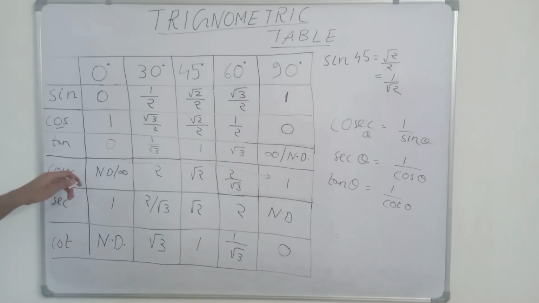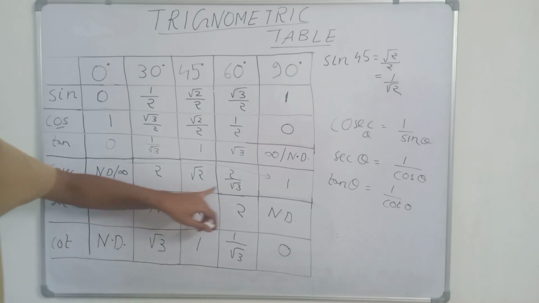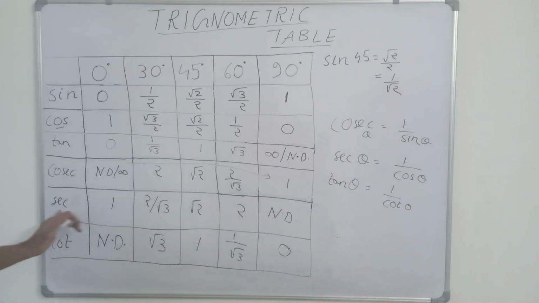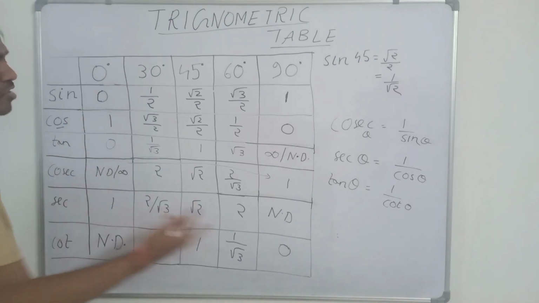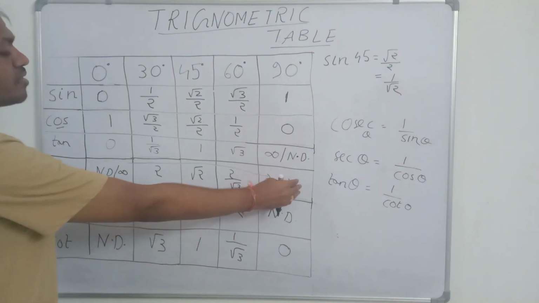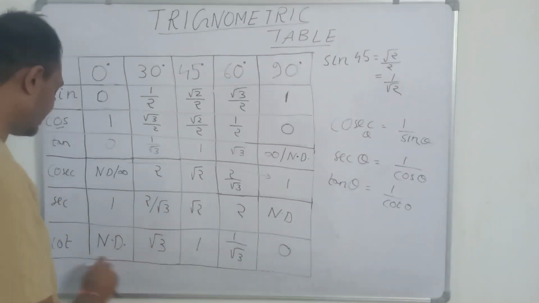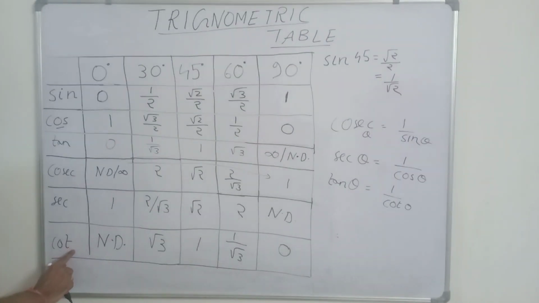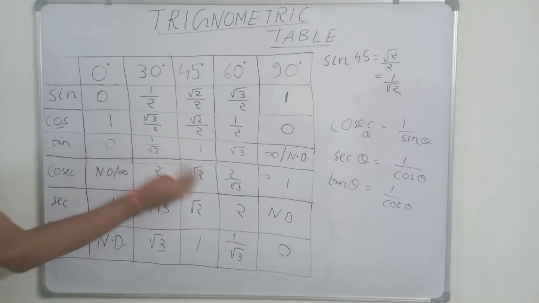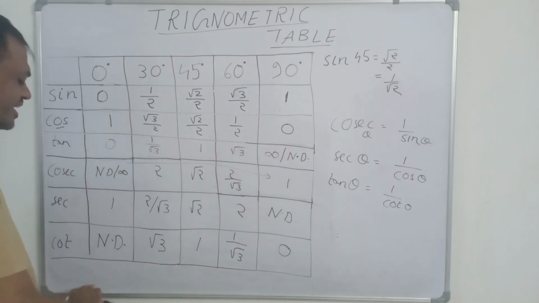Then for cosec, just do 1 upon sine. So not defined, 2, root 2, 2 by root 3 and 1. Then for sec, just 1 upon cos, or write the values of cosec in the opposite way. So 1, 2 upon root 3, root 2, 2, not defined. And for cot, do 1 upon tan, or write the values of tan in the other way.